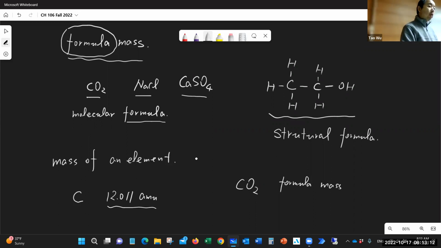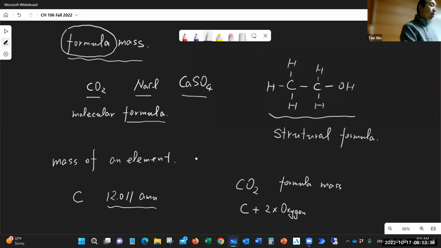In CO2, there is 1 carbon atom plus 2 oxygen atoms. So this formula is composed of 1 carbon and 2 oxygen.